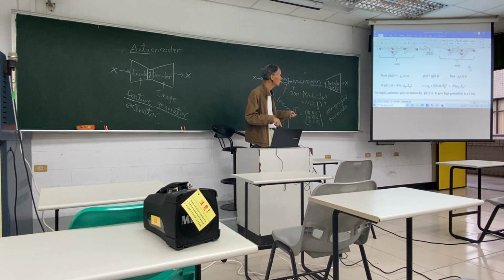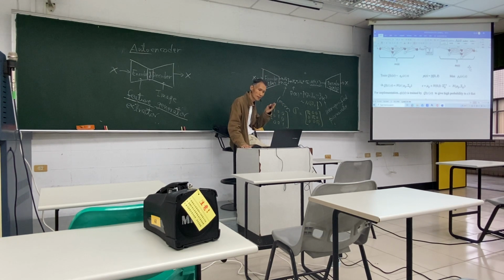That's why we try to run it, and Z, I already mentioned, will follow this Gaussian distribution. That's what we are looking for. Everyone follow me so far? That's good, right?